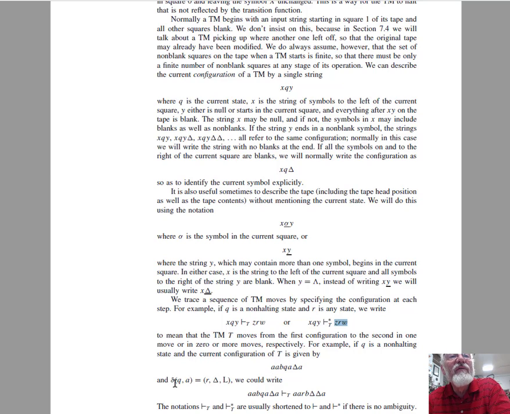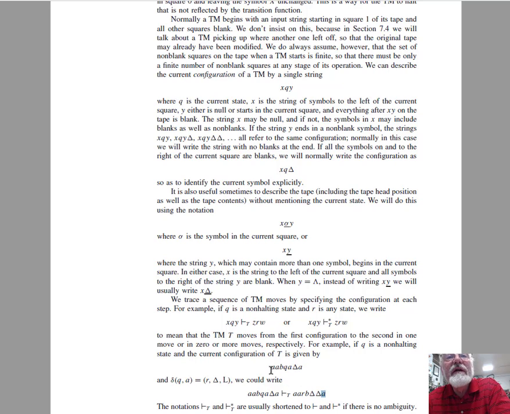So if we're in state Q, which we are, and we read an A, we're going to move to state R, write a delta in place of that A, so a delta gets written right here, and we move left. So now the position will be on that B right there. And as you can see, that's exactly right. R is starting with B, delta, delta, because we read the A and wrote the delta. And we leave this A alone.